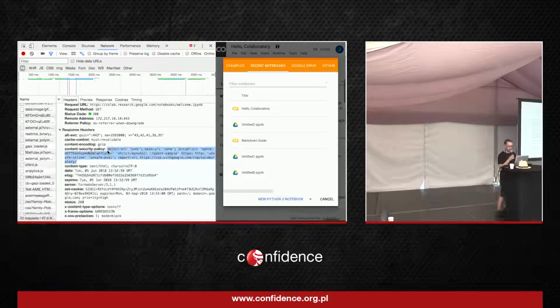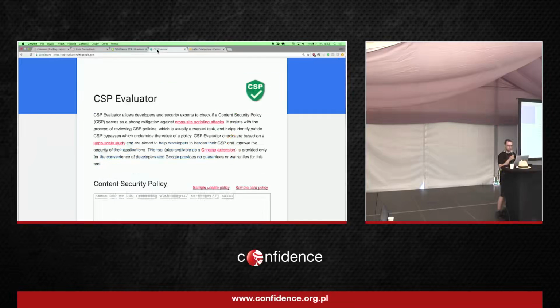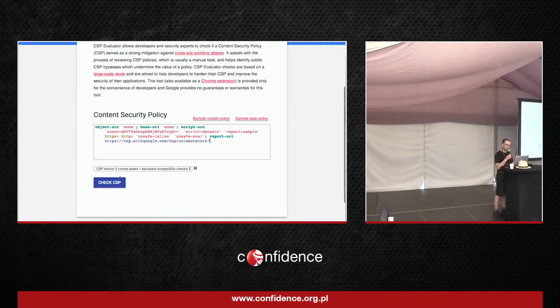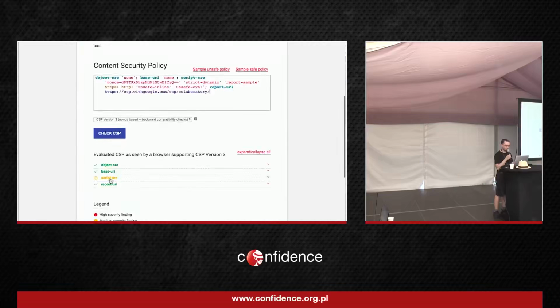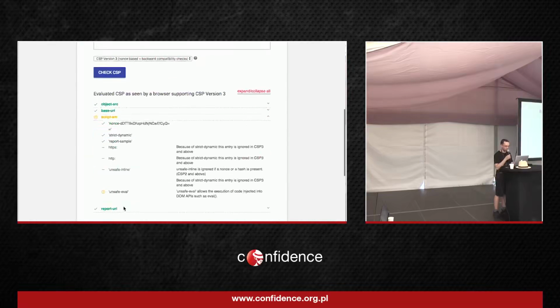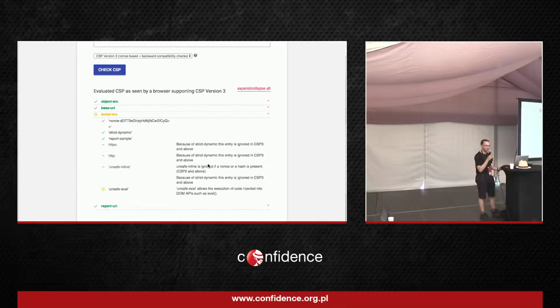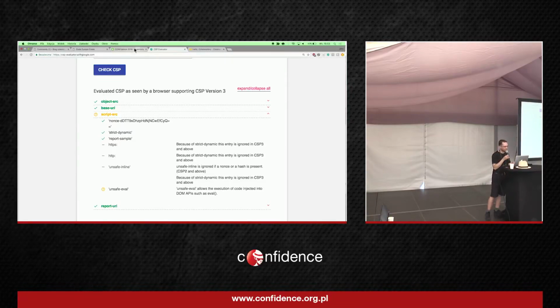So I will copy the policy. The CSP evaluator is a simple application in which you can paste some content security policy, and it will tell you whether it is safe. As you can see, okay, it is unsafe eval, but generally it is good. But it is not good if we have some kind of JavaScript library that makes it possible to bypass it.